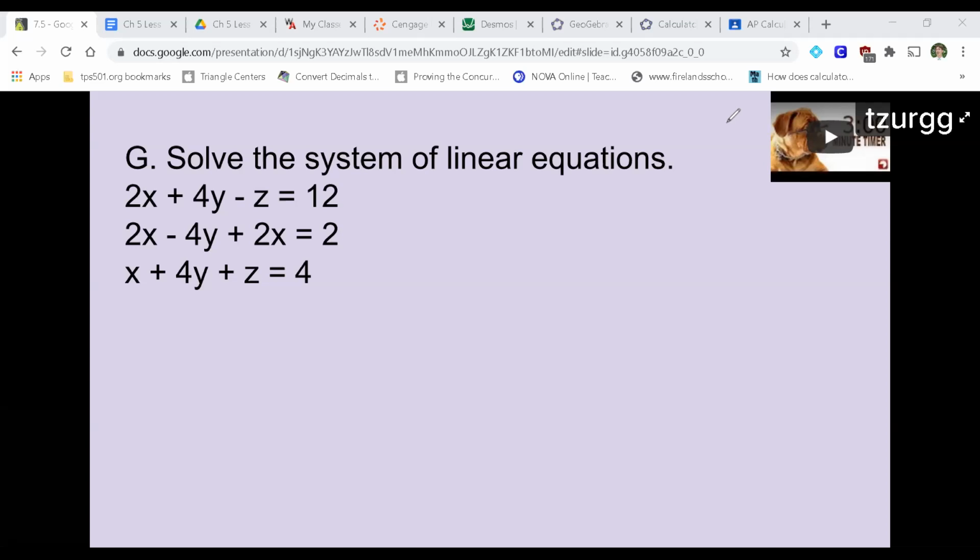All right, I think that means we might be, yeah, so basically the idea here is we want to try to get this down to two values with two equations.